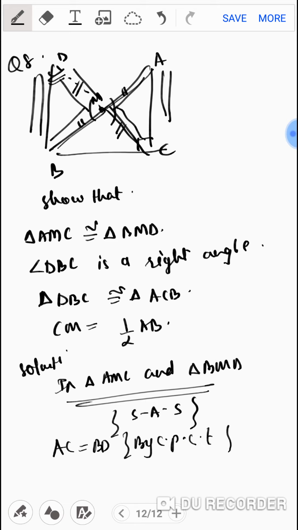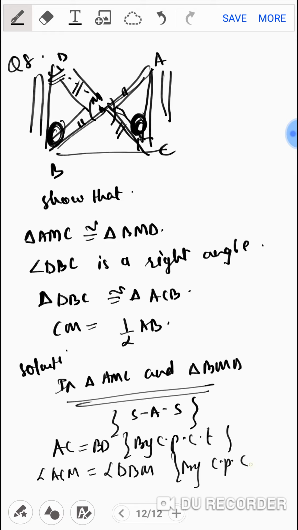And if you want, you can take one more angle, which will be utilized by you later on. Which angle do you want to take? Can we take ACM, which is equal to DBM? So angle ACM is equal to angle DBM by CPCT. They will be utilized later on.